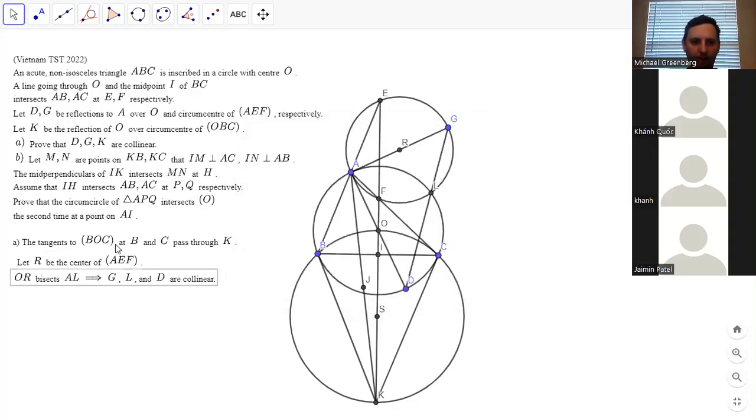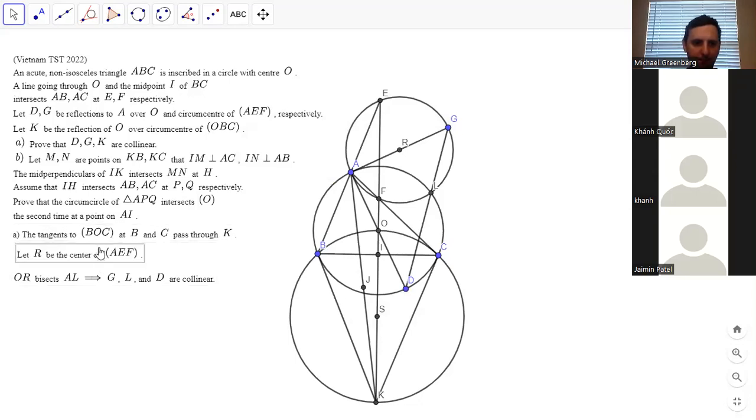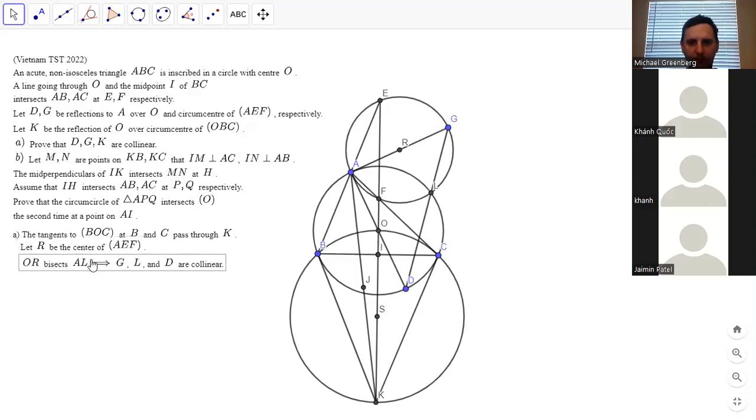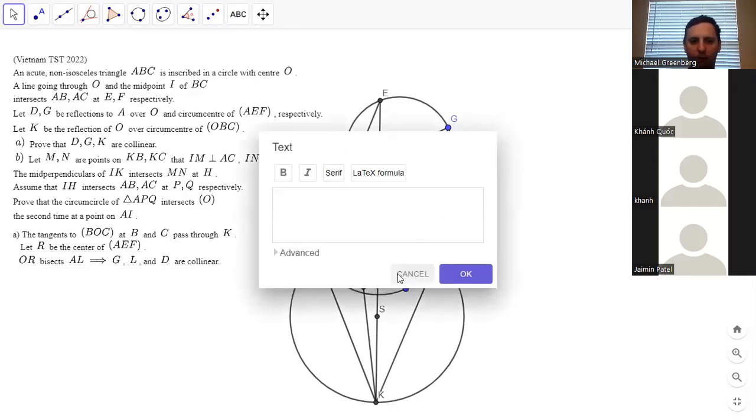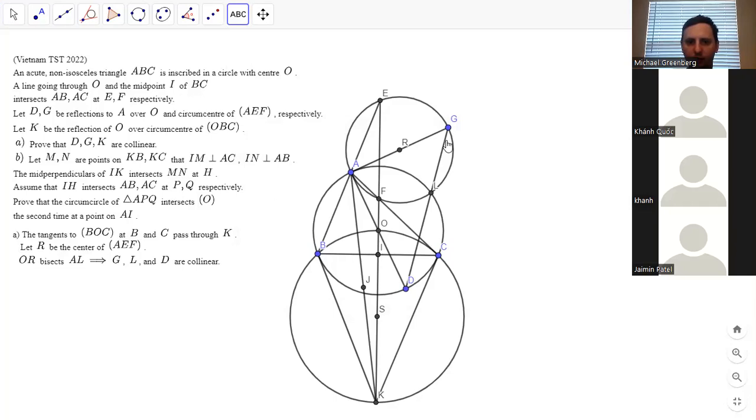Okay. And then we want to show LBCD is harmonic, so we can project through A. But first we want to show that AD is tangent to this circle, right?